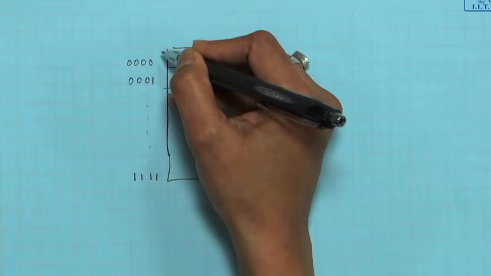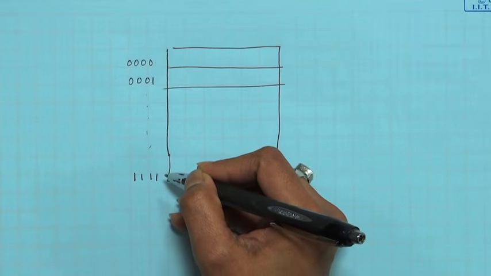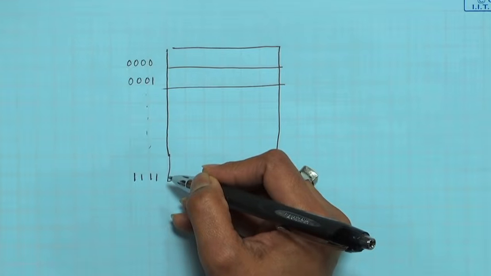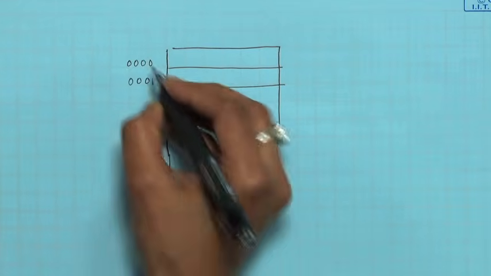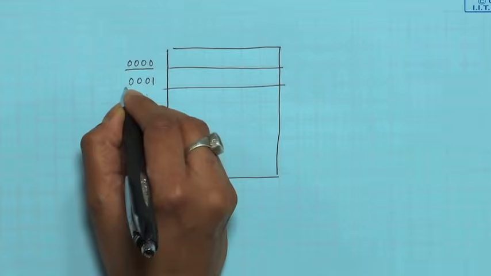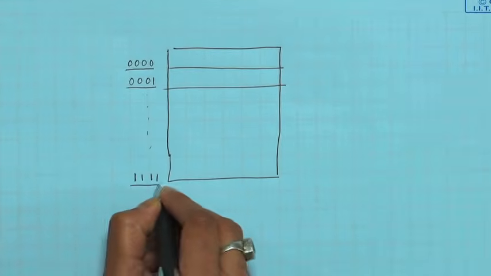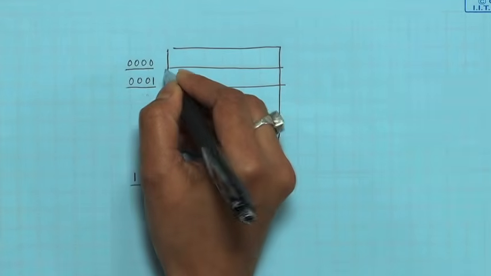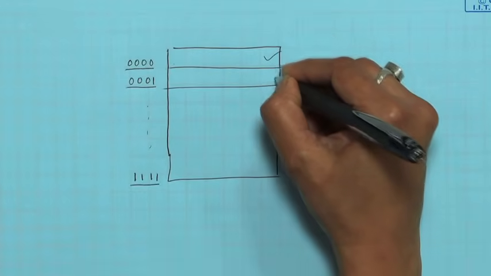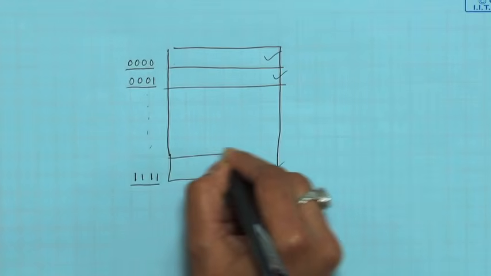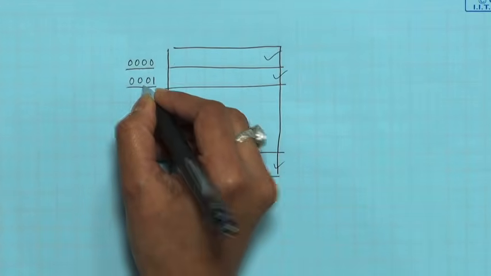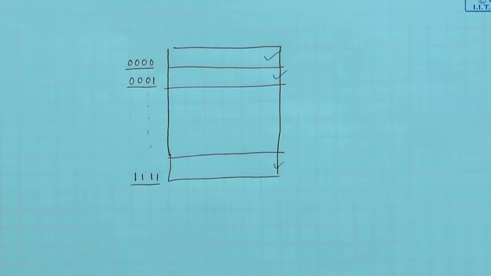So, it is an array of storage locations, each with a unique address. Unique address is associated with each of these locations. So, these are individual locations and this is the address associated with each of these locations.